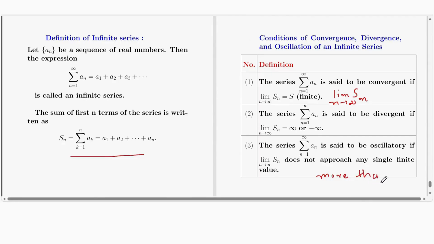Okay. So that's why the limit fluctuates between more than one finite value. Okay. So this series is known as an oscillatory series. So divergent series and oscillatory series, these two are considered as divergent series. Okay. So this is the divergent series.